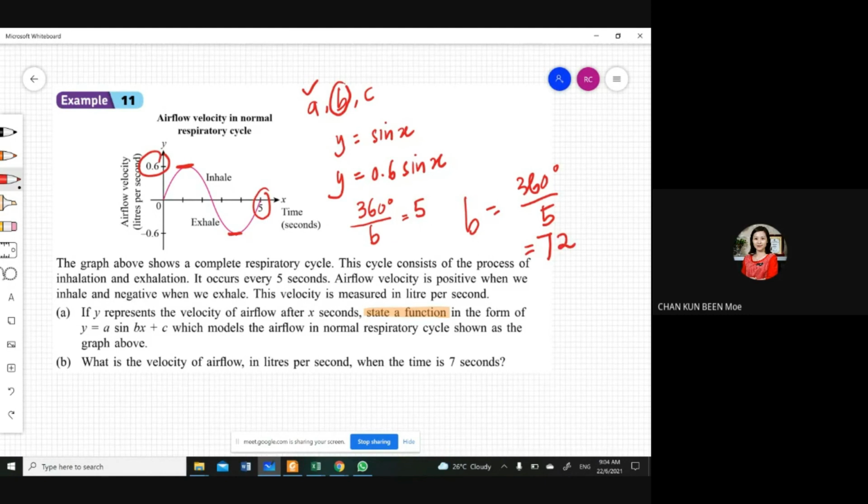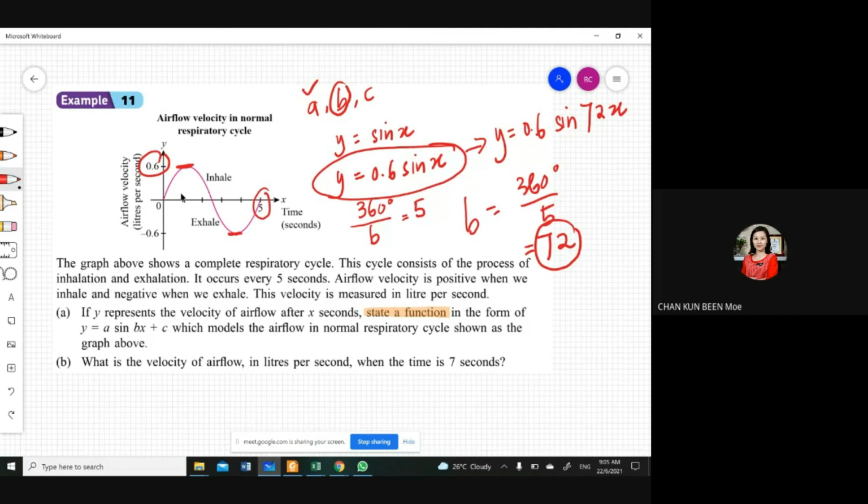So from the graph that you have, you can continue already. The next equation will be y equal to 0.6 and the B is 72, so sine 72x. Now if you look at the graph, do we have any C?